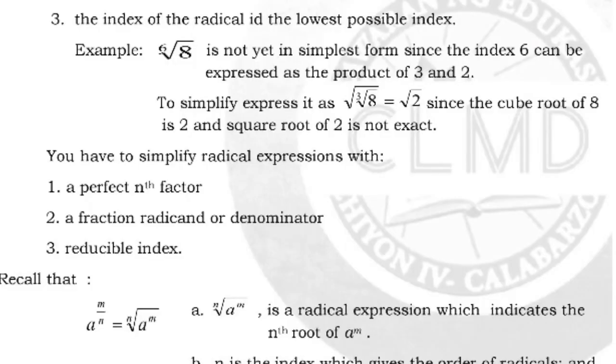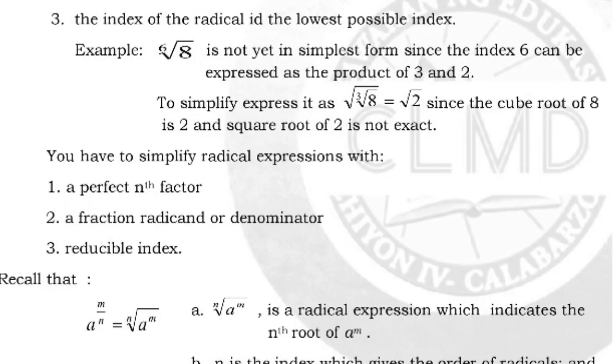Third, the radical is in its simplest form if the index of the radical is the lowest possible index. For example, 6th root of 8 is not yet in simplest form since the index 6 can be expressed as the product of 3 and 2. To simplify, express it as square root of cube root of 8.